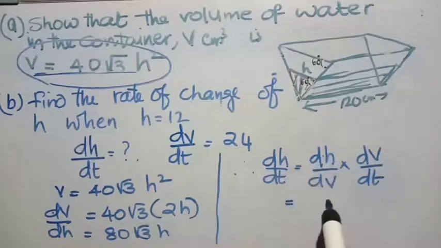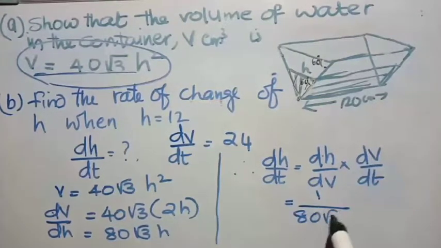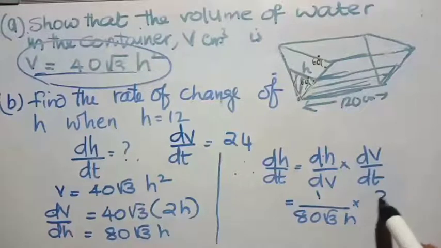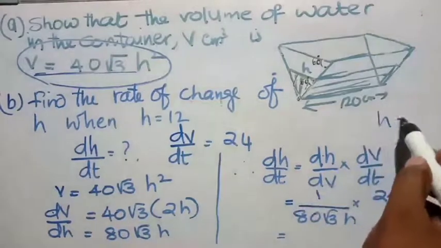So what is dh by dv? Yes, it is 1 by 80 root 3 h into dv by dt, which is 24. And here the value of h is also mentioned as 12.